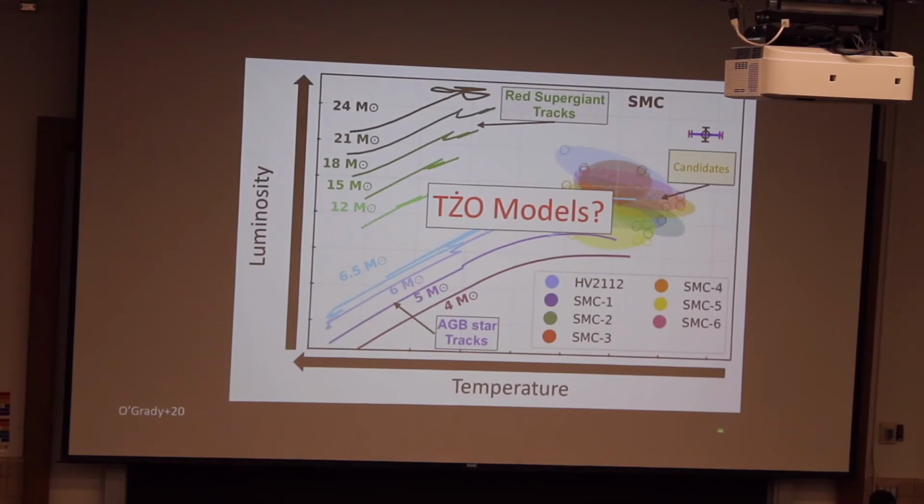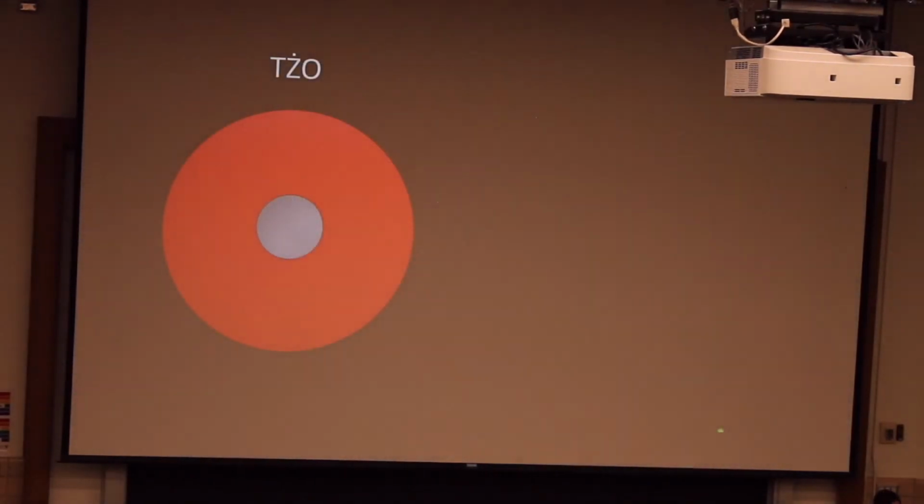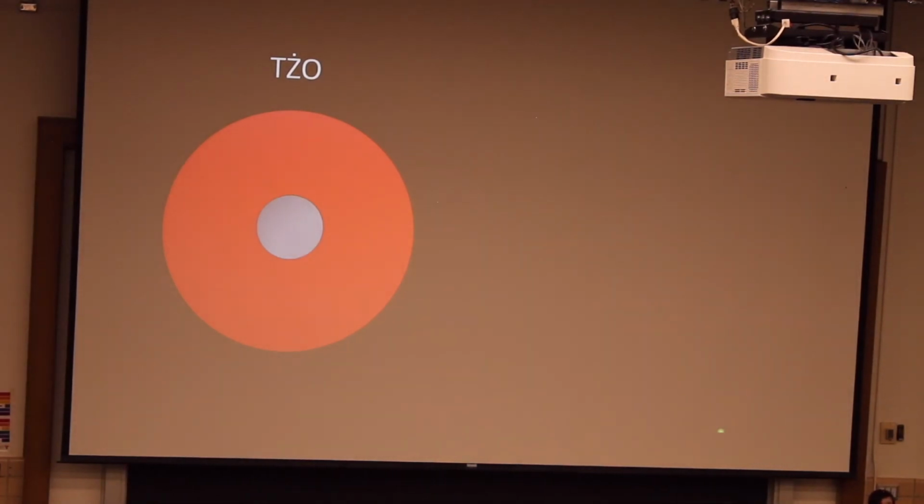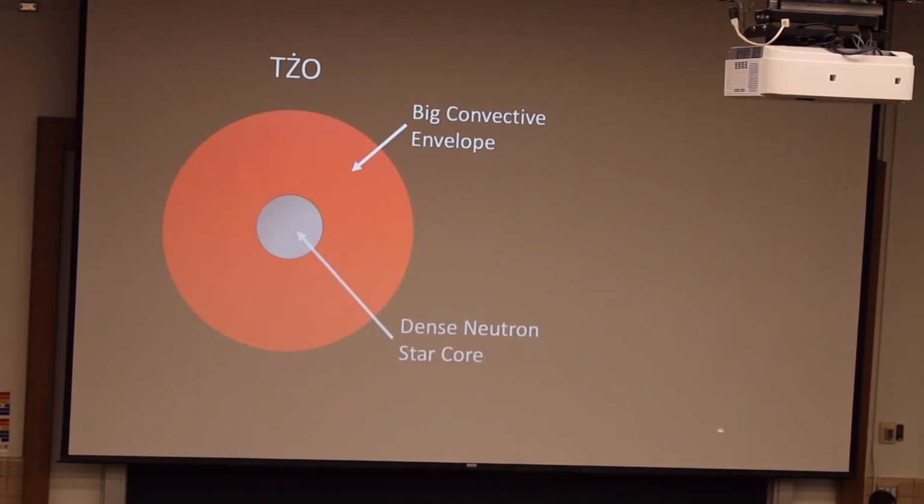However, one of our theorist collaborators had a really clever idea to solve this problem. If you look very broadly at the structure of a Thorne-Zytkow object, it has a big convective envelope, that's the red supergiant envelope. And it has an incredibly dense neutron star core. Neutron stars are so dense that a teaspoon of neutron star material weighs more than the Rocky Mountain chain.